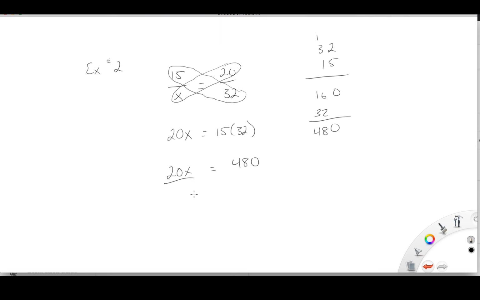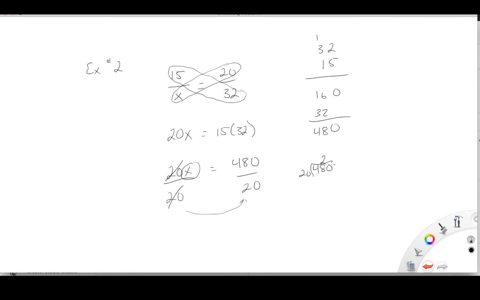We divide by 20, and we divide by 20. Whatever we do on this side of the equation, we have to do on this side of the equation. That leaves x by itself because those 20s cancel. All right, so let's do 480 divided by 20.